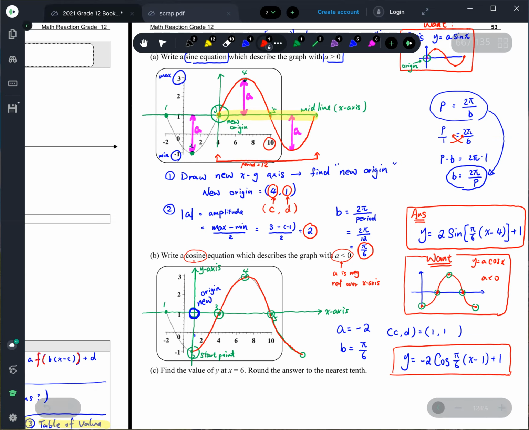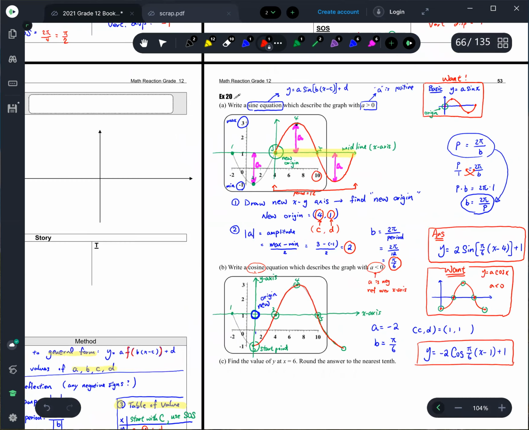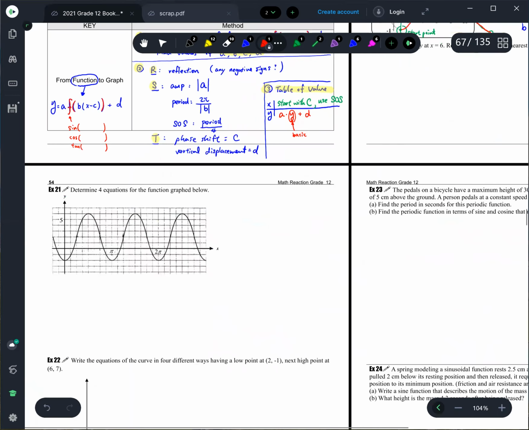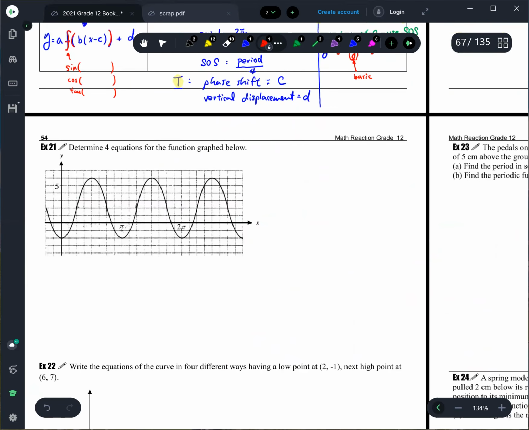Okay. So we're going to do that, right? On the next page, I give you a graph, and then we are going to find all 4 equations. So let's look at here, okay? Before you begin, you need to set it up.